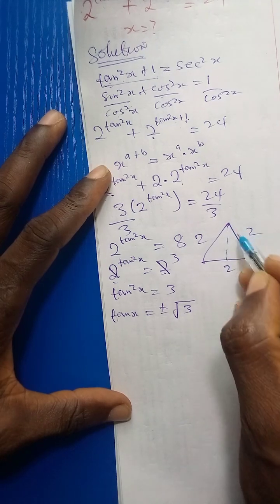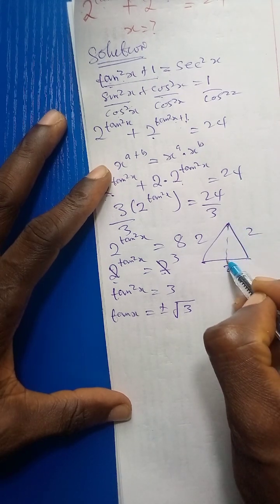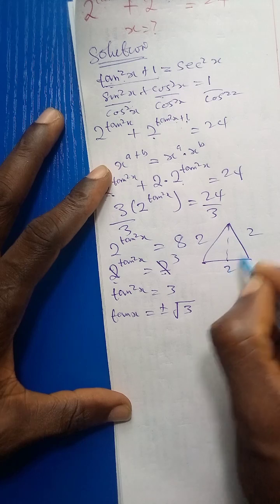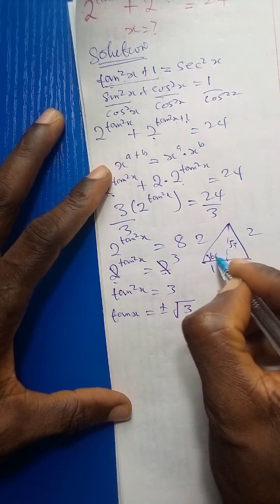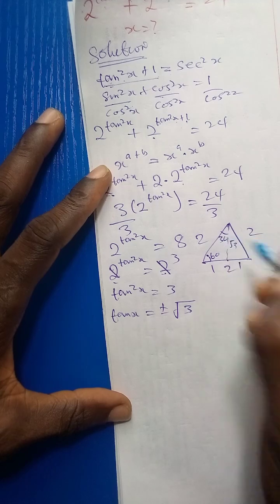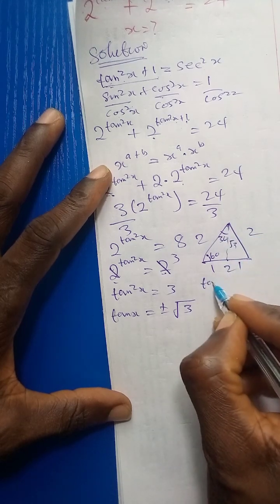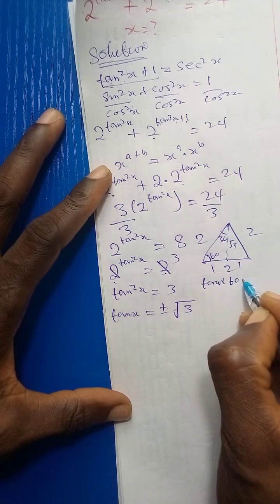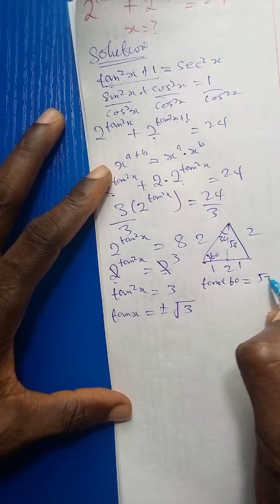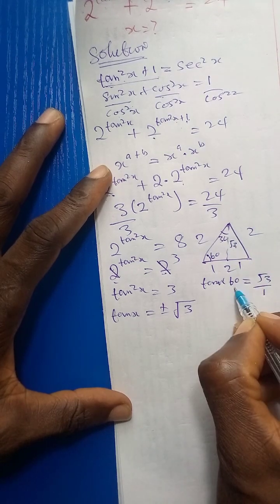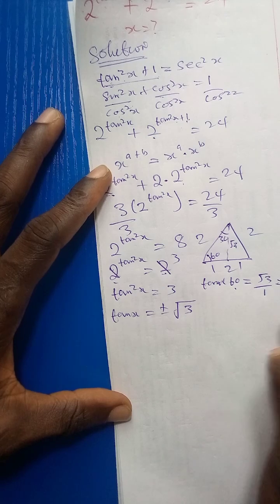If I divide it into 2 equal parts, here is going to be root 3, while here is 1 and here is 1. Here is 60 degrees, while here is 30 degrees. So now, tan 60 is equal to opposite, that is root 3 all over 1. So tan 60 is root 3 over 1, or simply root 3.